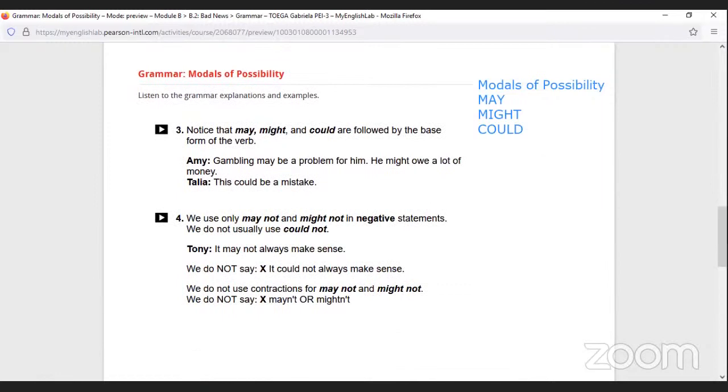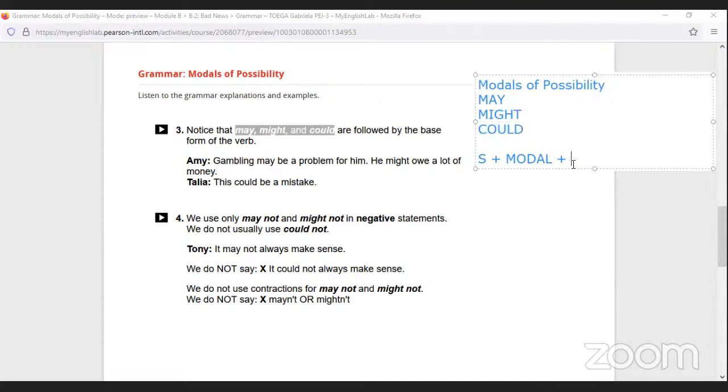So what other thing we have to know with this? When we talk about may, might, and could, always we have to use the verb in base form, it says. So what does it mean? That we have a structure where, first, we're going to start with the subject. After the subject, we are going to have the modal verb, the modal that is may, might, or could.